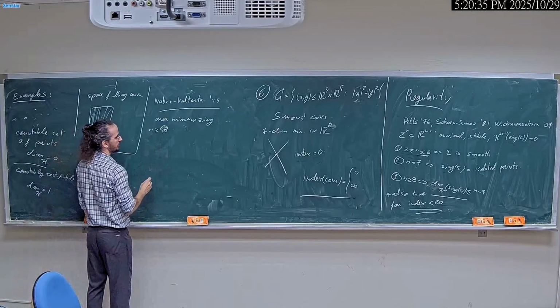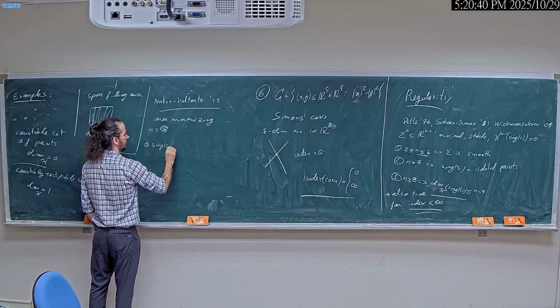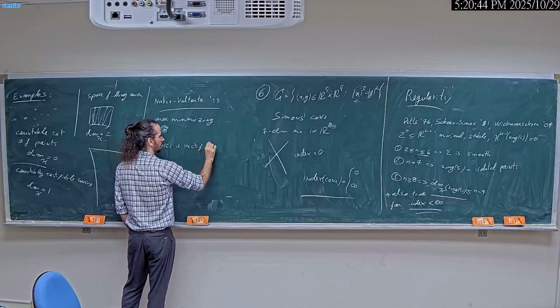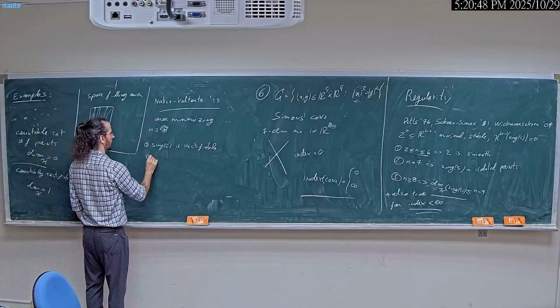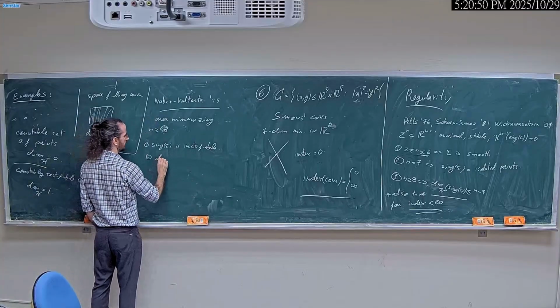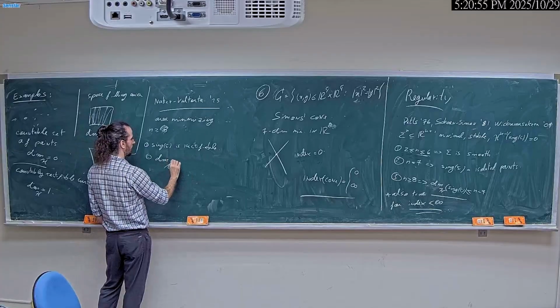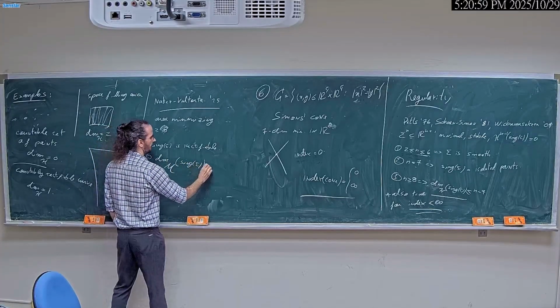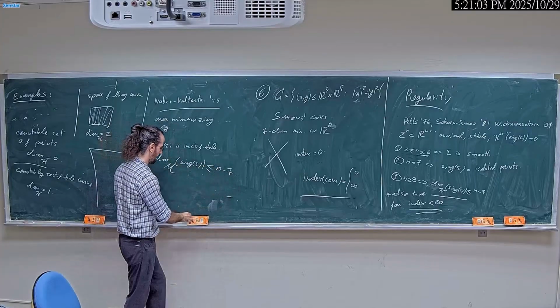Then what they prove is that first, the singular set is rectifiable. This is a very strong statement. And they also say that the Hausdorff dimension, this is the Minkowski dimension, is at most n minus 7. So they improve the dimension.